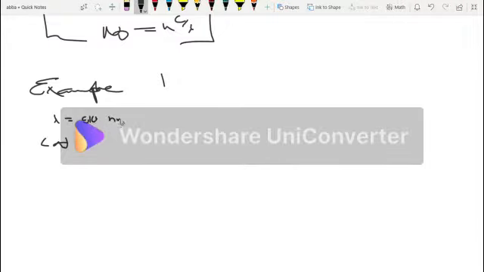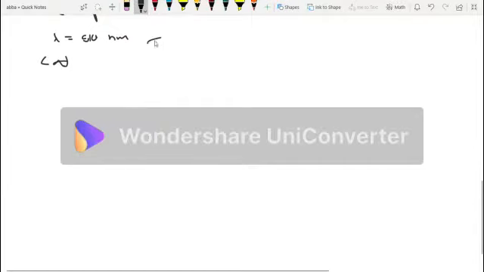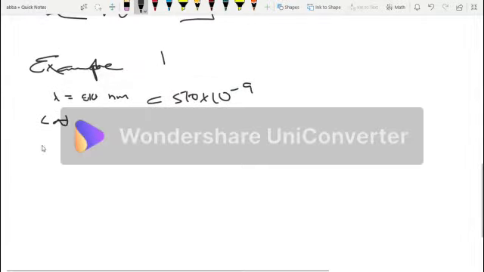This is basically 510 times 10 to the negative 9 meters. So this is our A. They're saying calculate the energy of the photon.